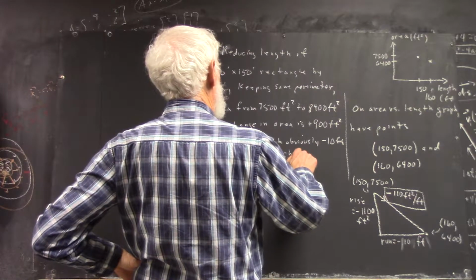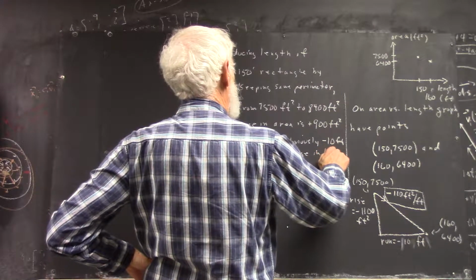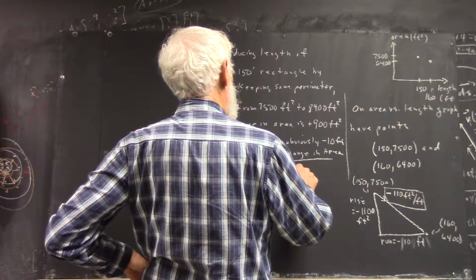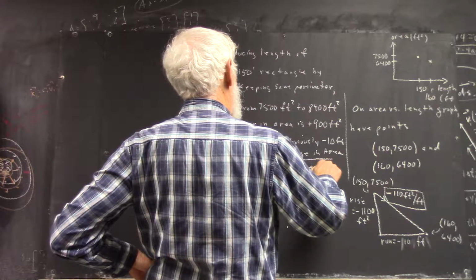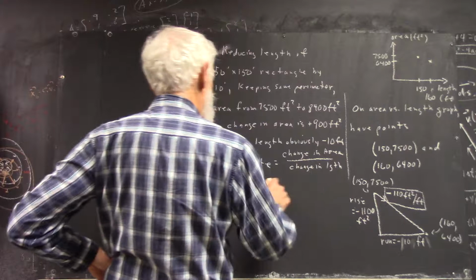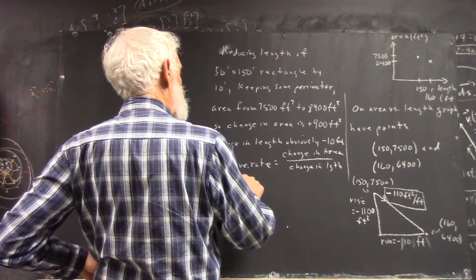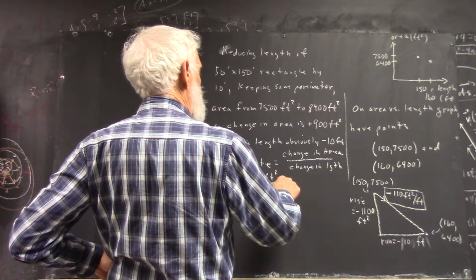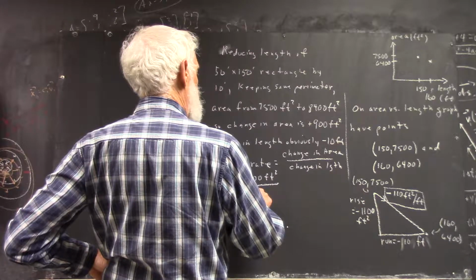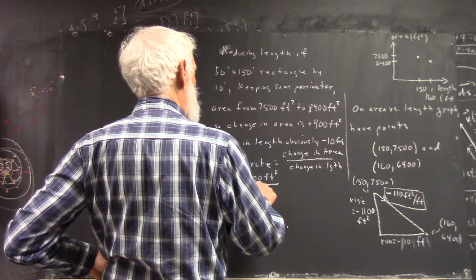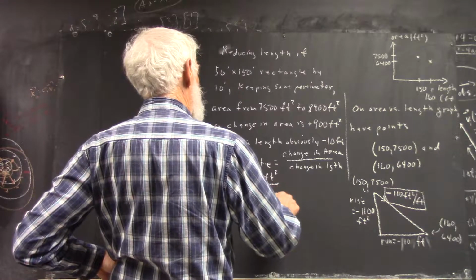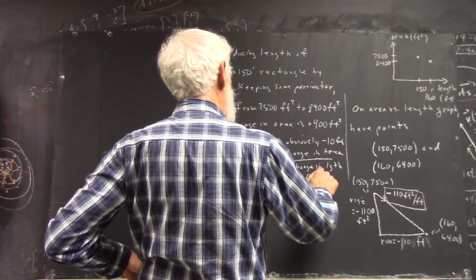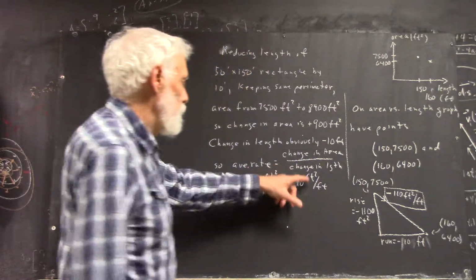It's, again, to remind ourselves, change in area divided by change in length, and that's plus 900 square feet over negative 10 feet, which is negative 90. And I'll just write it as square feet per foot, square feet of area per foot of length.